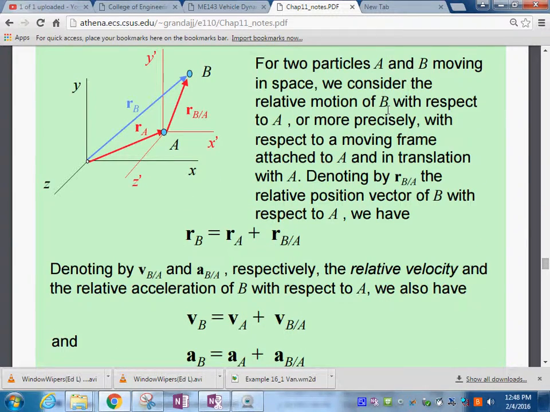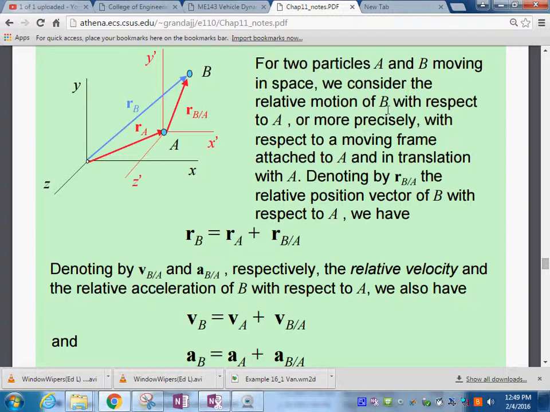So if you look at it in terms of vectors, the position of the point P, that r_B, is the position of A plus the rate of change from A to B. This is very helpful, and it holds for all three variables.